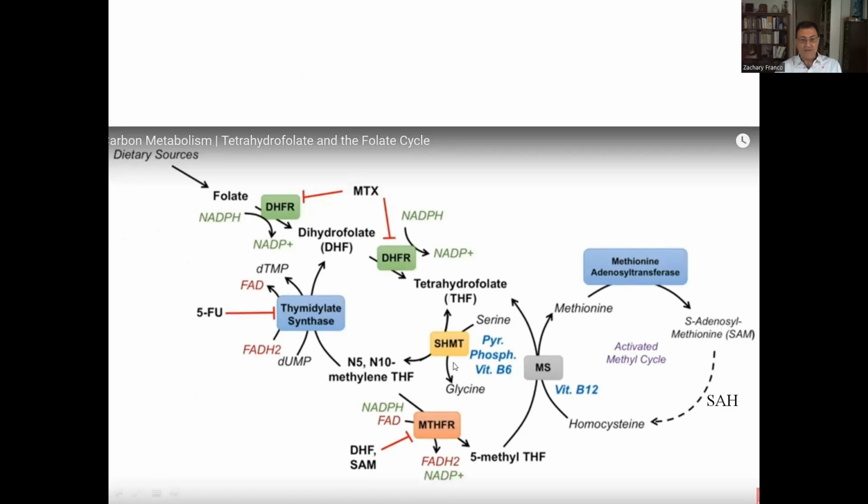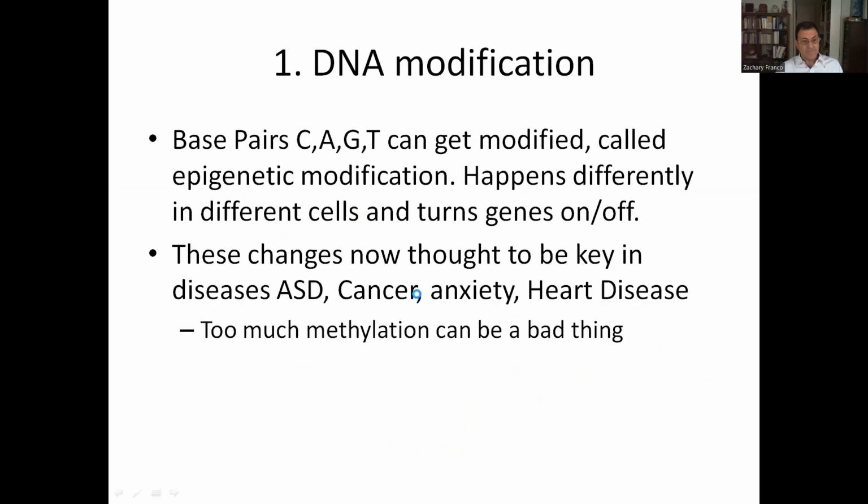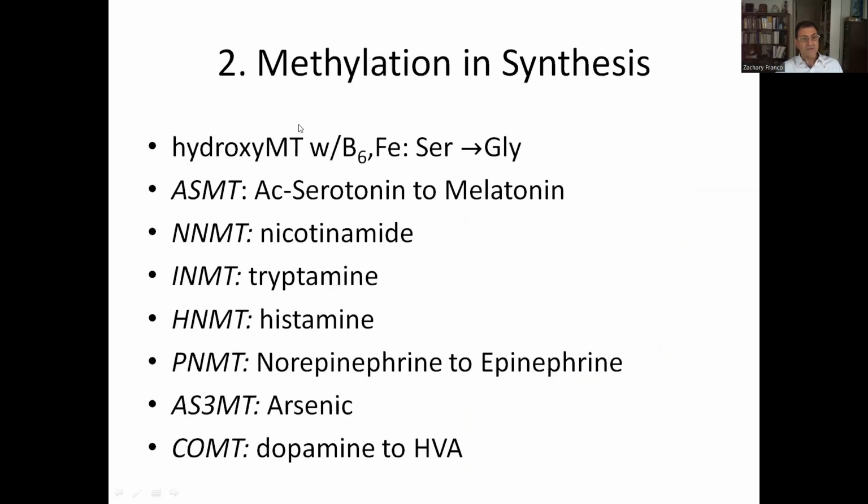That's why this is an important reaction. This methyltransferase is involved in that methylation here, but it has to get the methyl group from somewhere. And so that's our first methyltransferase reaction.